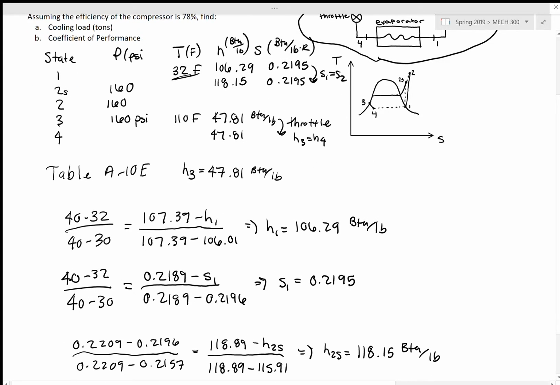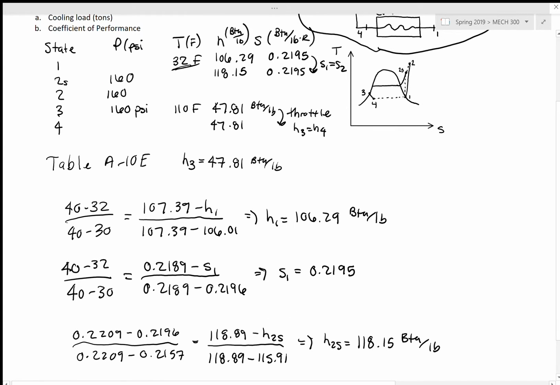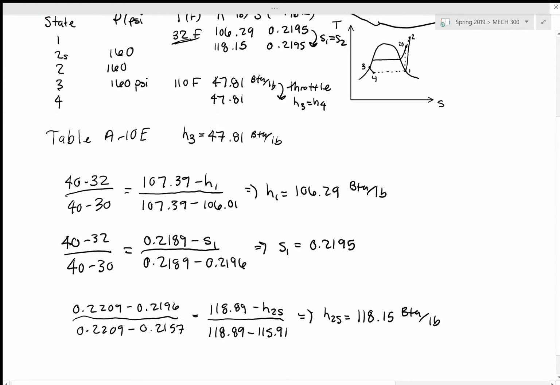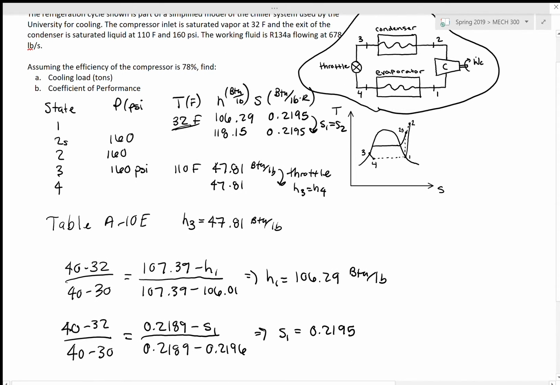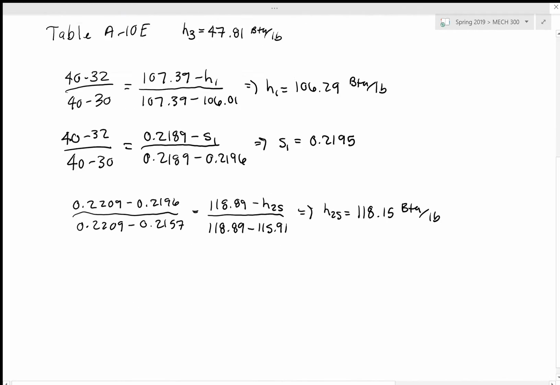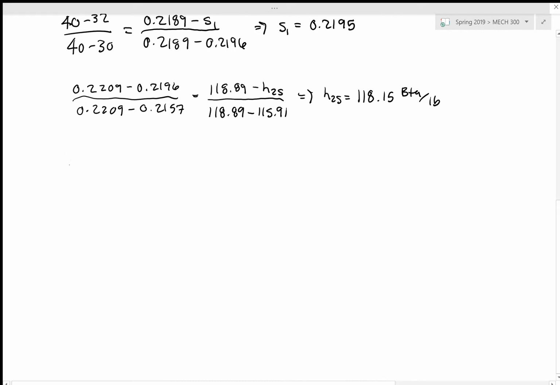And then we now need to find our actual enthalpy value at state 2. And to do that, we are going to use our compressor efficiency, which was given to us as 78%. So we are going to use the equation: our compressor efficiency is equal to (H1 minus H2S) over (H1 minus H2). And so that is going to look like this.